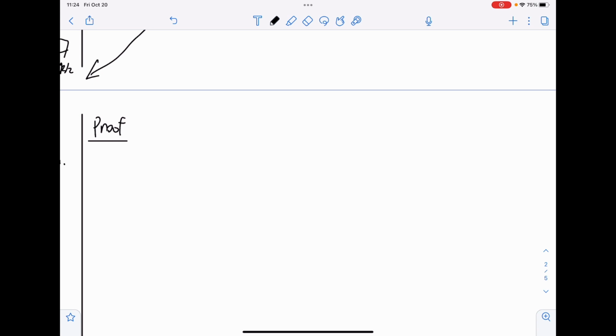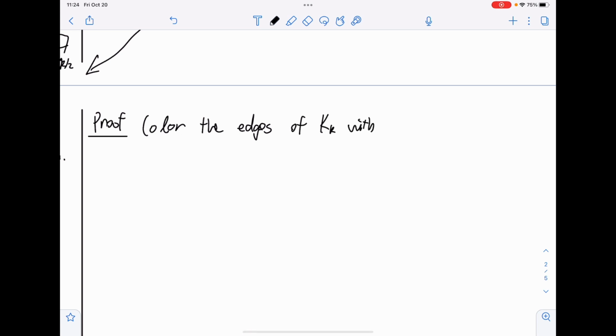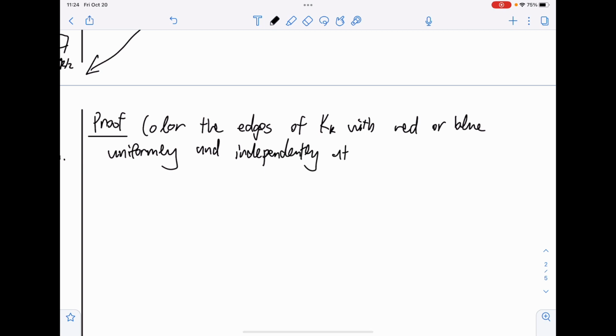And the first step we'll just go along with what we did before. We color the edges of K sub n with either red or blue, uniformly and independently at random.